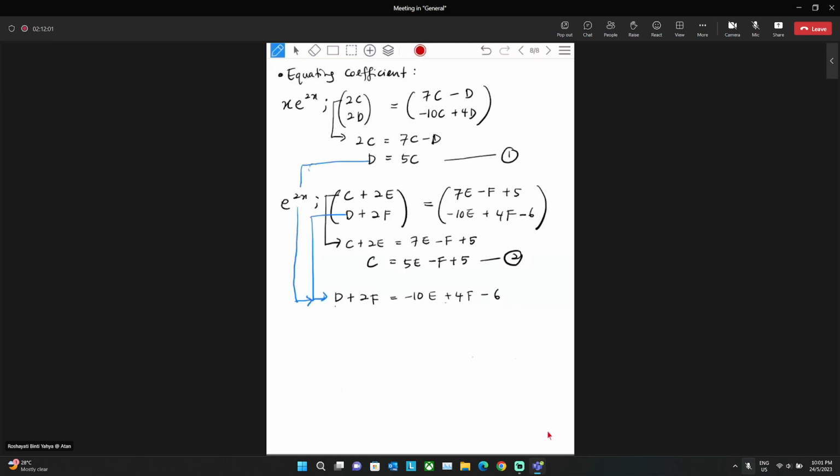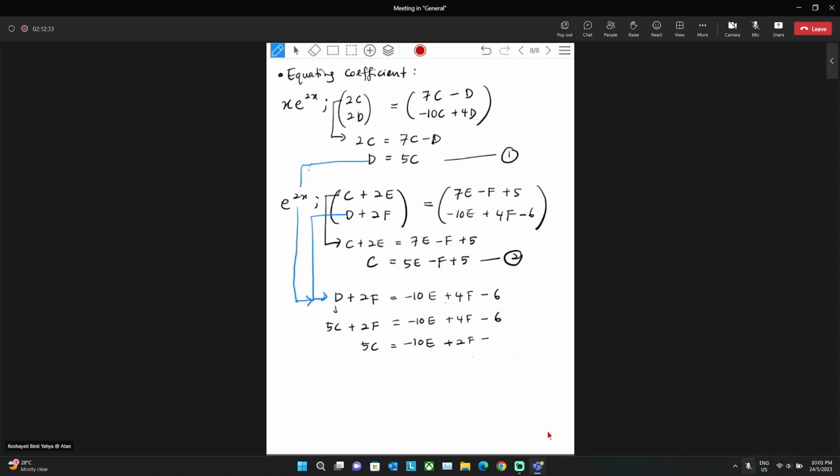So D here is 5C, plus 2F equal to negative 10E plus 4F minus 6. 5C equal to negative 10E plus 2F minus 6.